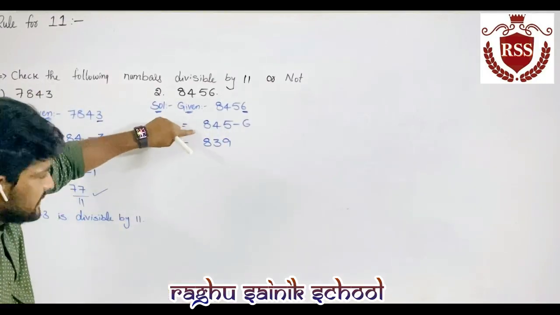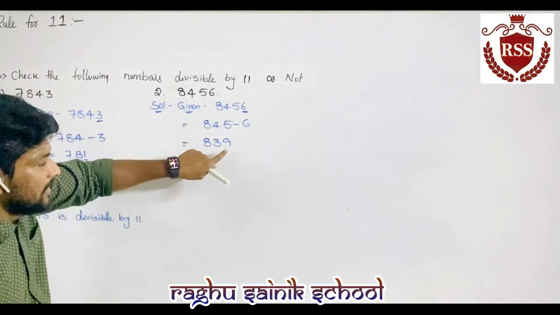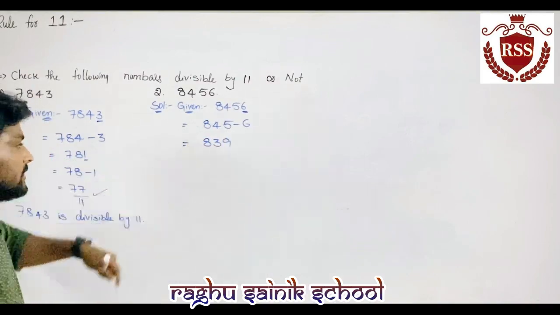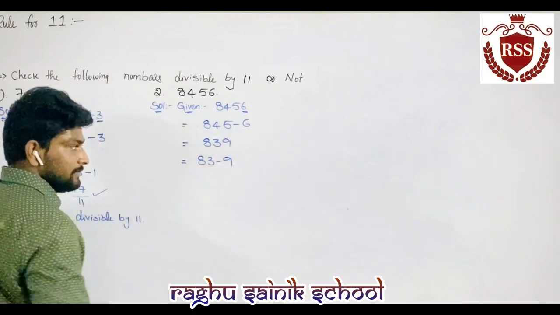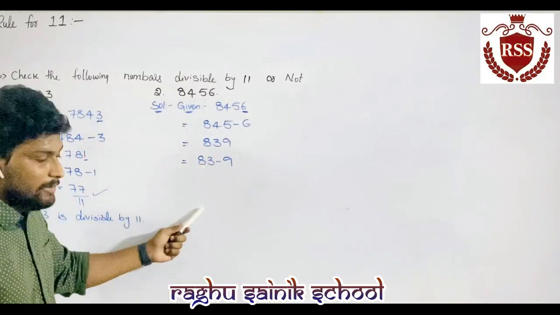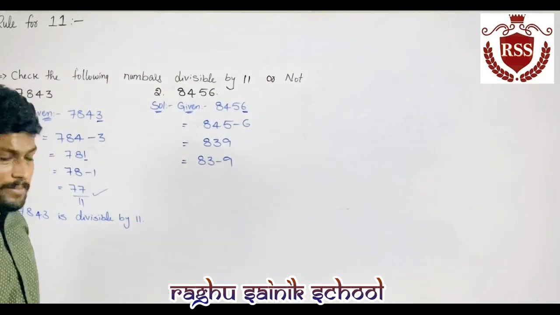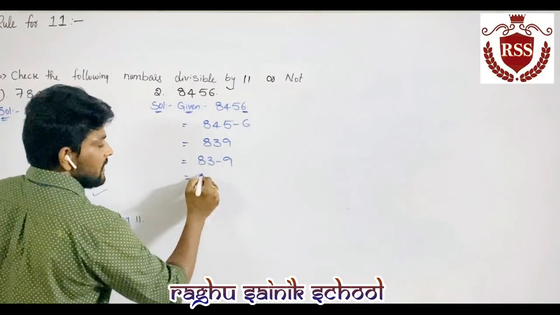The process is continued until we get a 2-digit number. Here we have a 3-digit number, so again the last digit is subtracted from the remaining two digits, which is 83 minus 9. Until we get a 2-digit number, we repeat the same process. If we subtract 9 from 83, we get 74.